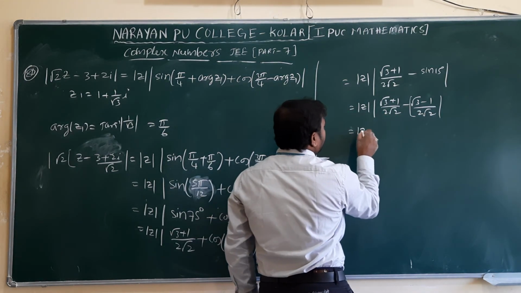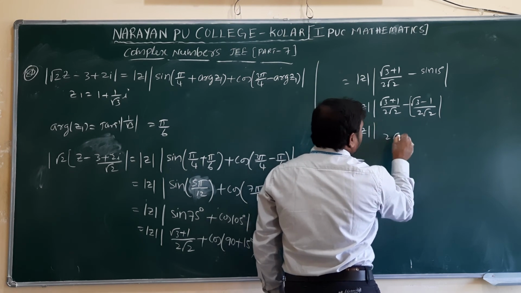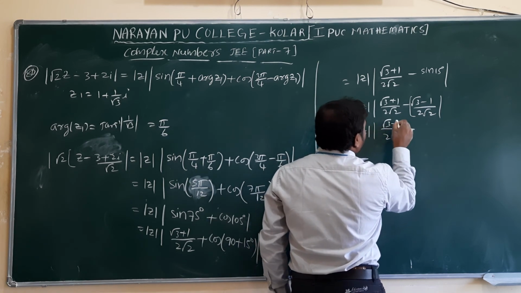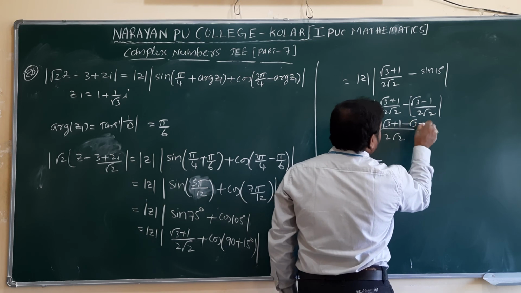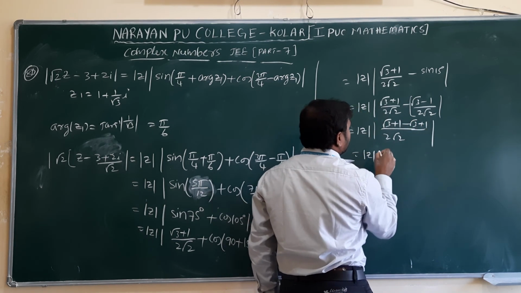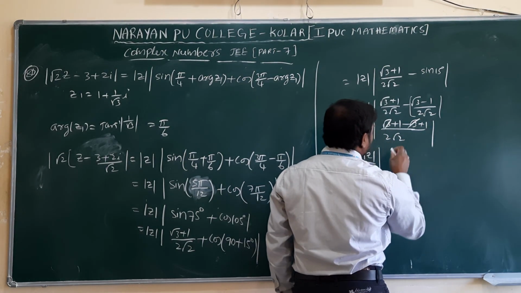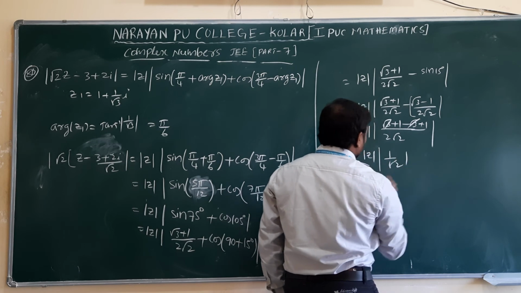Here mod z, taking 2 root 2 as the LCM, remaining root 3 plus 1 minus root 3 plus 1. Root 3 gets cancelled, remaining 1 plus 1 is 2, and 2 gets cancelled, remaining 1 by root 2.